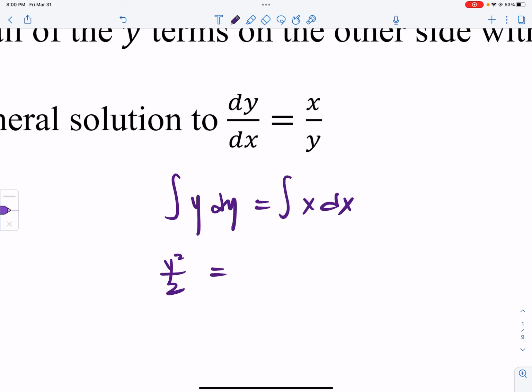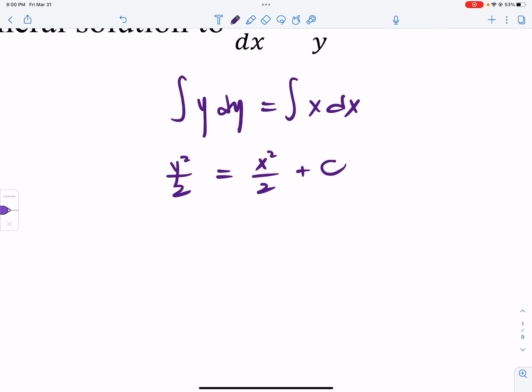That's what matters. So then when we integrate x with respect to x, that would be x squared over 2 plus c. And now we can leave it as is; this could be considered the general solution set.